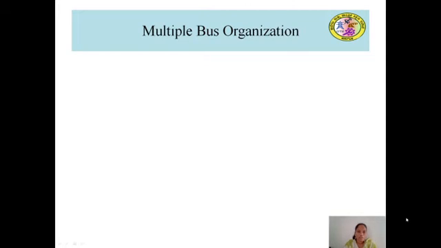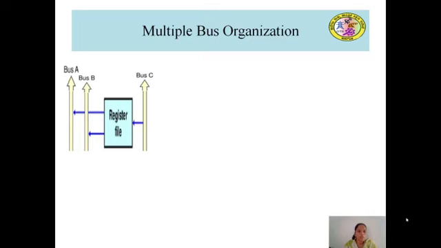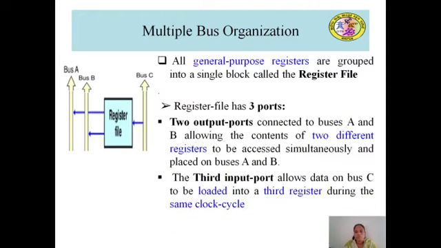This multiple bus organization has a module called a register file. Here we make use of three buses, bus A, bus B and bus C, and we have a register file. All the general purpose registers are grouped into a single block, which we call a register file. This register file has three ports, two output ports and one input port.